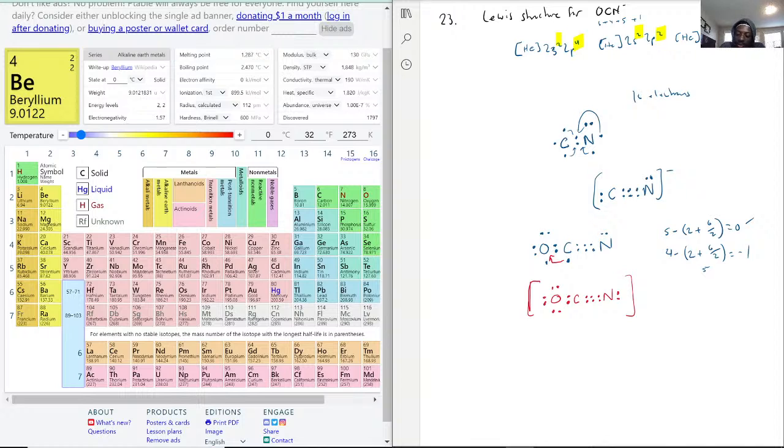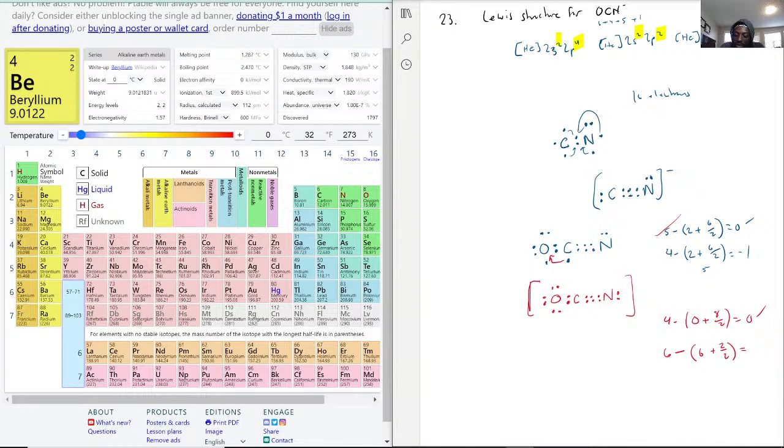Now let's do the math real quick. Nitrogen stayed the same, so we don't have to do that again. Carbon now is 4 minus, now sharing 8 over 2, so it's going to equal 0. Perfect. But where's that -1 charge? Let's look at the oxygen. 6 plus 2 over 2, because it's only sharing 2 electrons.